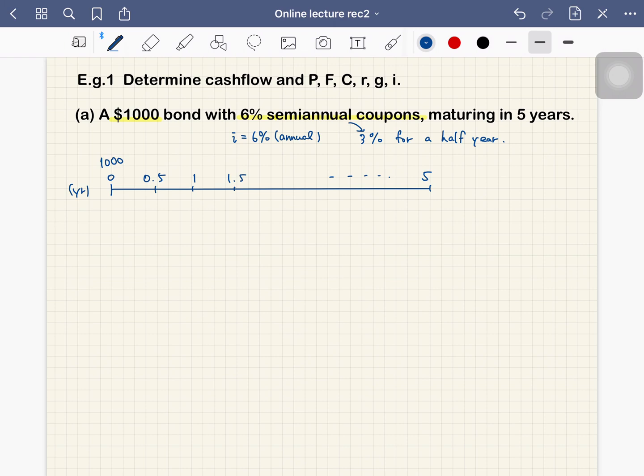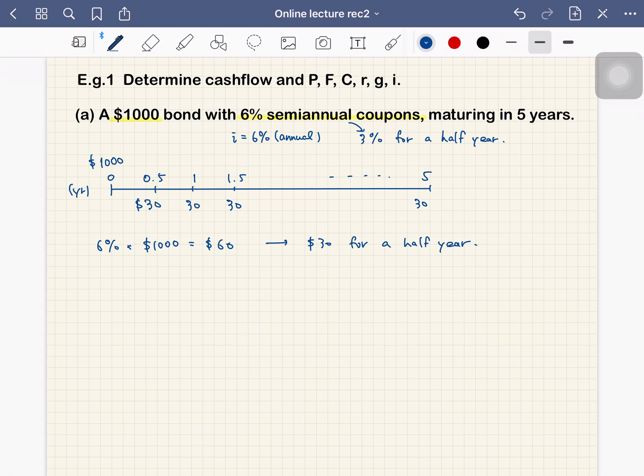So the coupon is 6%, so 6% of $1,000 is $60. So $30 for a half year.